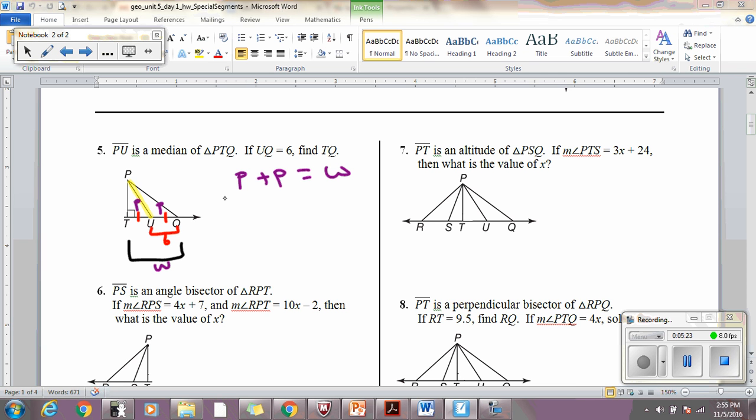In other words, TU plus UQ equals TQ. I know that UQ is 6, and I know that TU and UQ are the same, so TU is also 6. So now I can find TQ by simply adding 6 and 6, so that's 12.